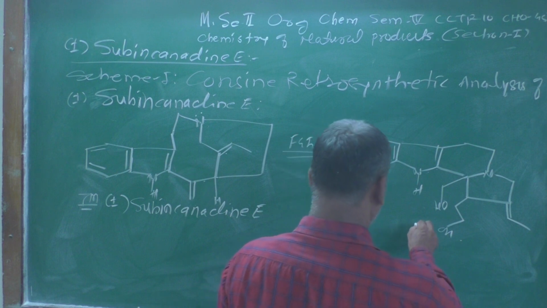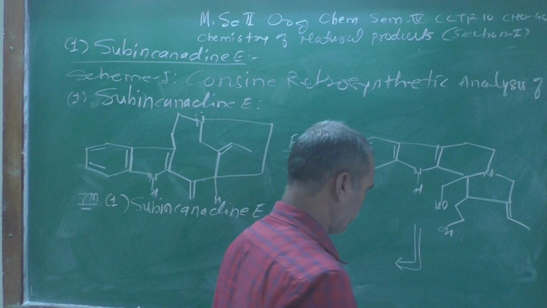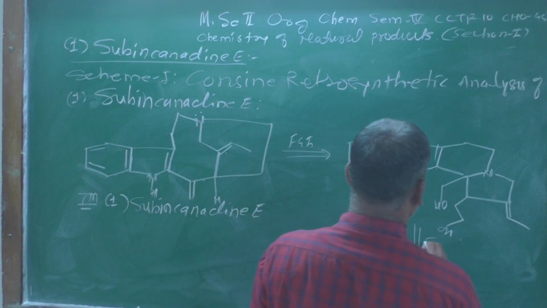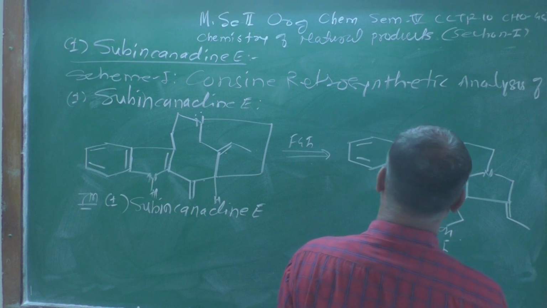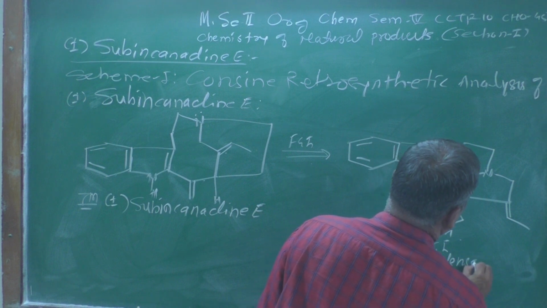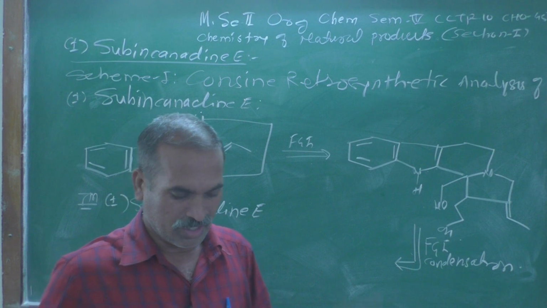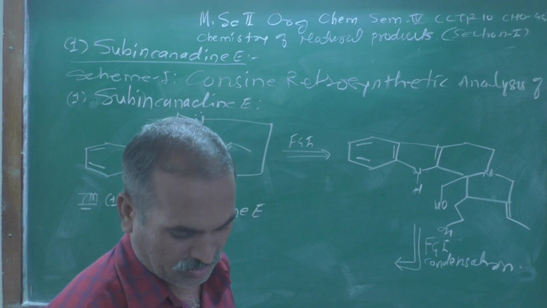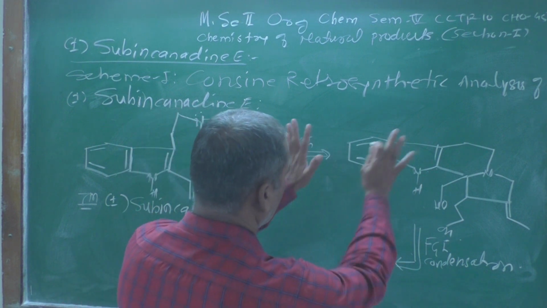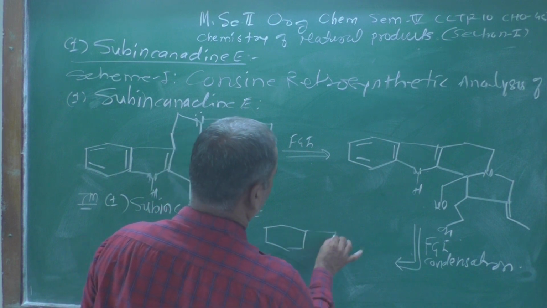And now again I show the disconnection arrow, written on the arrow FGI functional group interconversion, that is a condensation reaction. Condensation, that approach we keep here, and after keeping that approach, what do you get? This moiety remains as it is, which I am representing here.